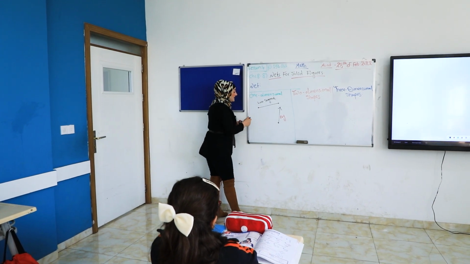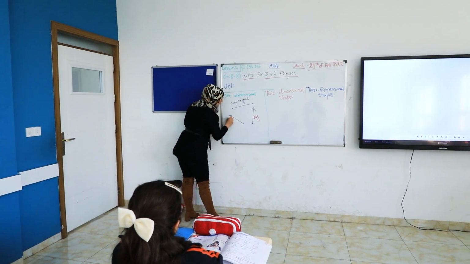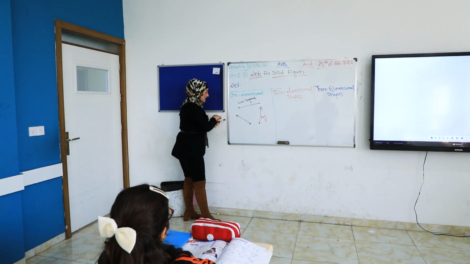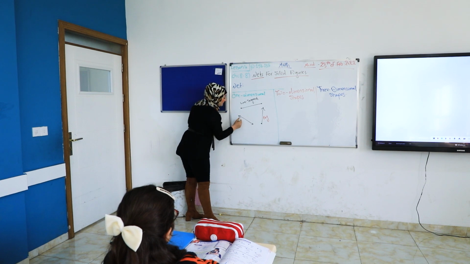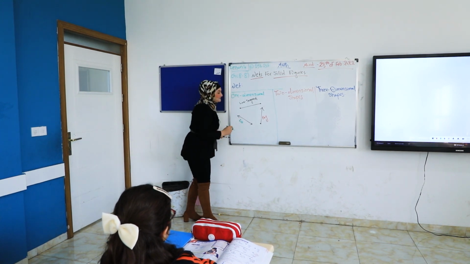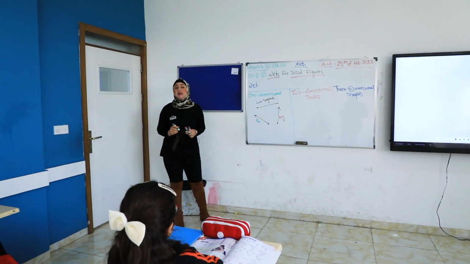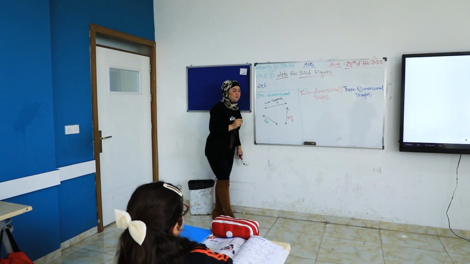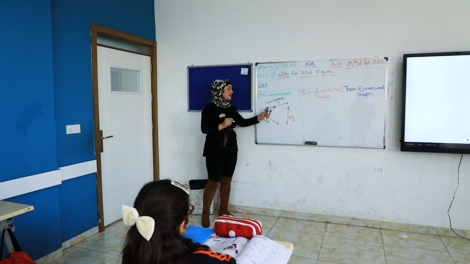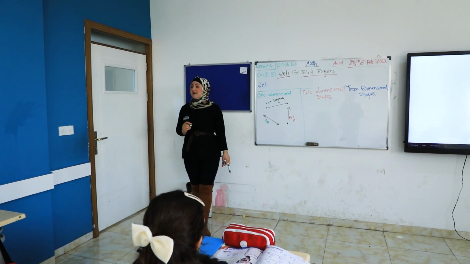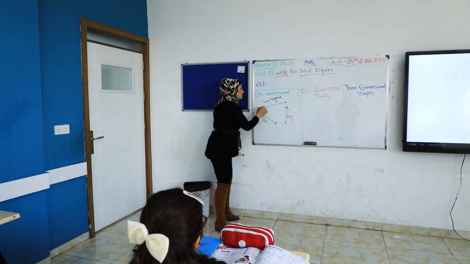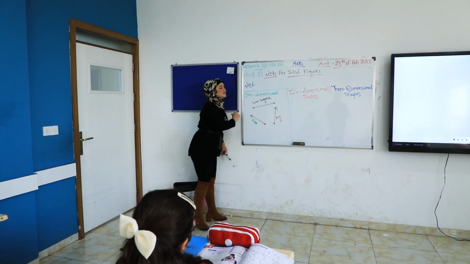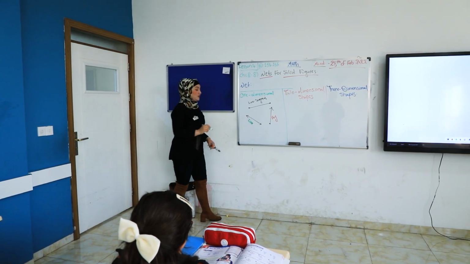Let's draw another one. What do we call it? It's a line. Why do we call it a line? Because it doesn't have any endpoint. In a line segment, you can find two endpoints, and the line segment is a part of a line. But in a line, you cannot find endpoints.